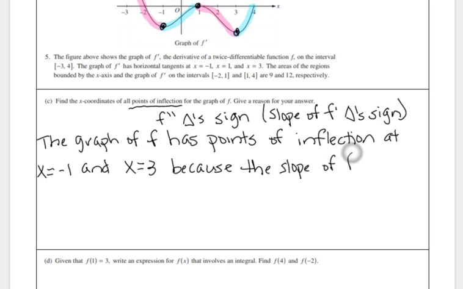The slope of f prime changes from negative to positive at these values.